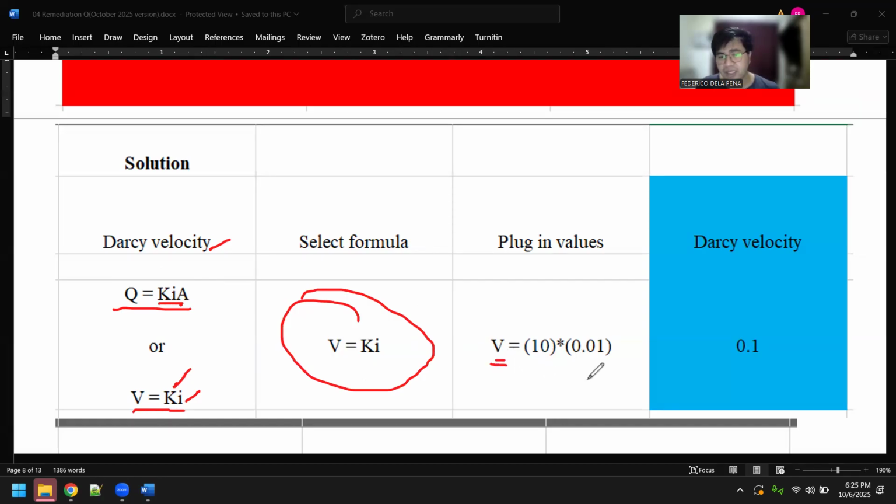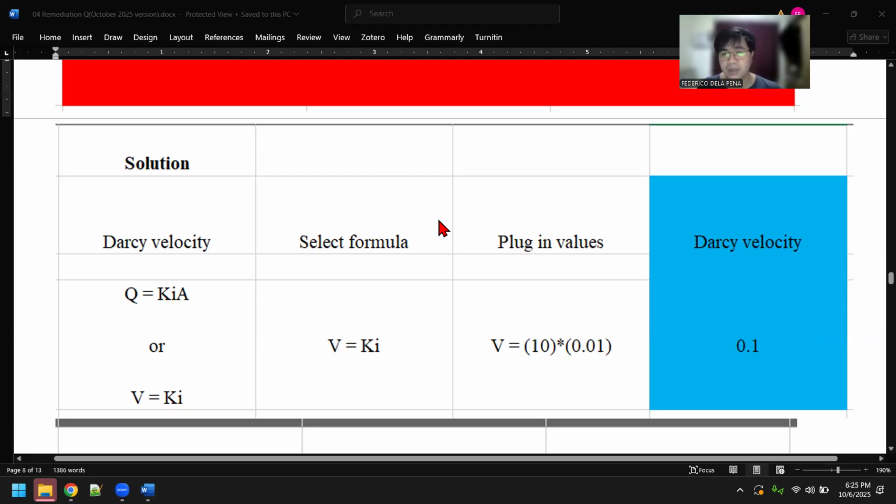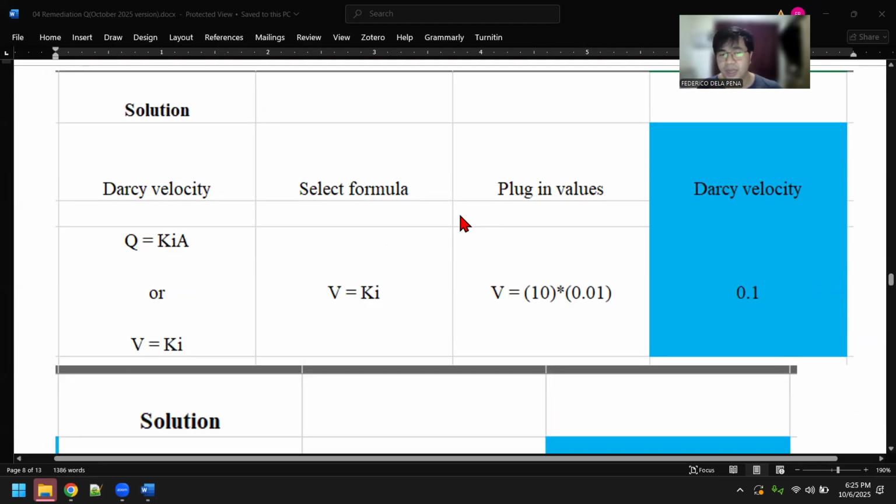And Darcy velocity is going to be equal to hydraulic conductivity of 10 multiplied by the hydraulic gradient. And we're going to be getting a Darcy velocity of 0.1 meters per day. It's quite slow. So it will take 10 days for the contaminant to move by 1 meter.